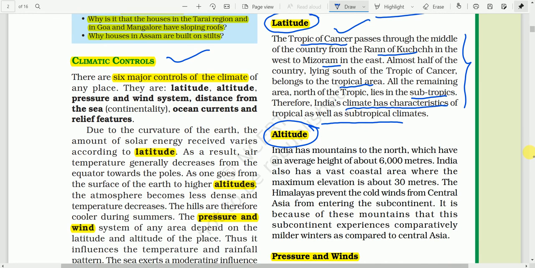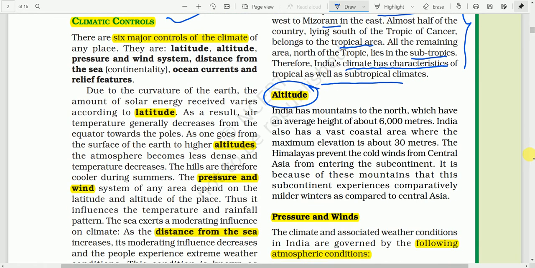You know, altitude means the height of a place from the sea level. We have learned. So now let us see how altitude affects the climate of India. India has mountains in the north. What is the name of the mountain lying in the north of India? Yes, Himalayan mountain.